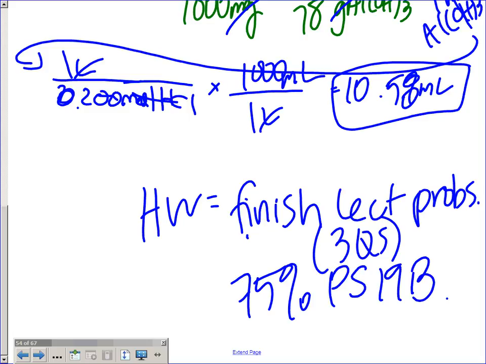Okay, so laptops can go up, and I want stuff that's yours. I want the 2 labs, and I want problem set 19A. So I'm going to pass around staplers for you to staple.